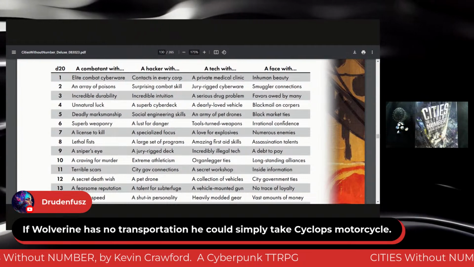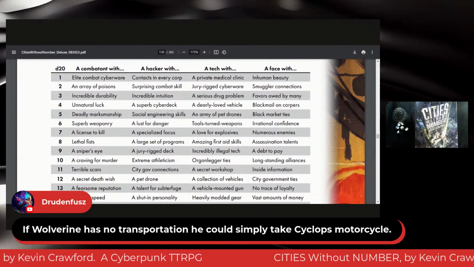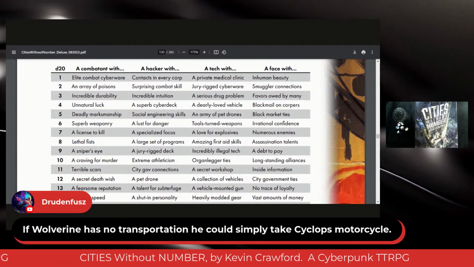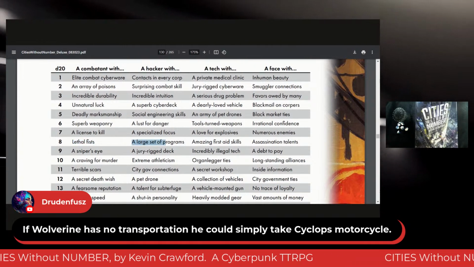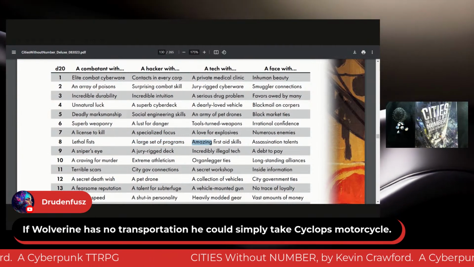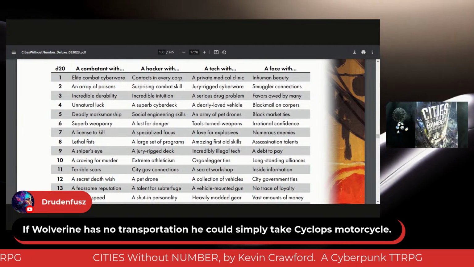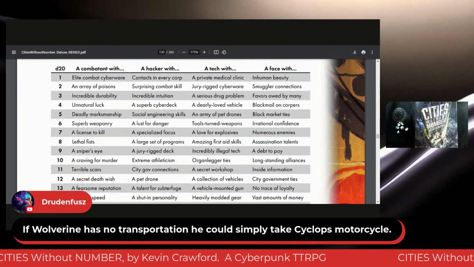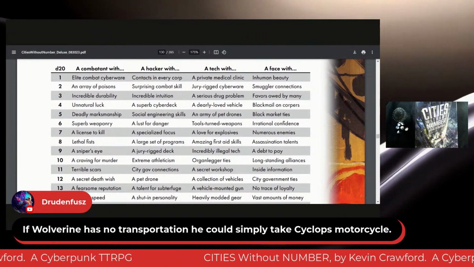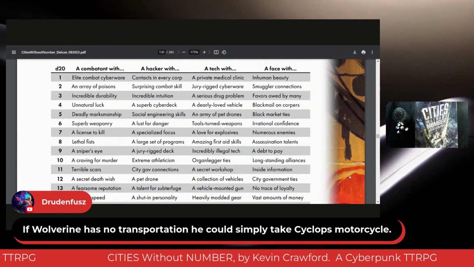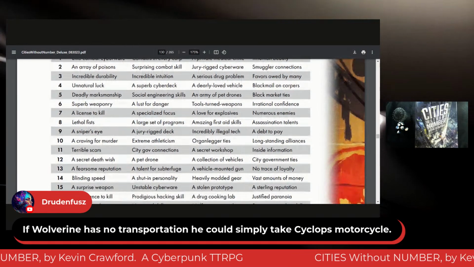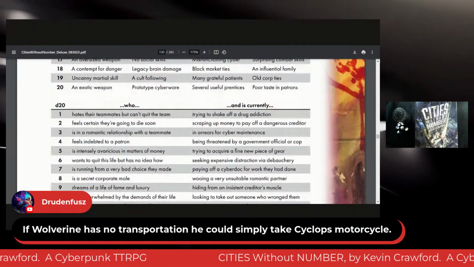Like, for example, if we go with number 8, a combatant with lethal fists, a hacker with a large set of programs, a tech with amazing first aid skills, or a face with assassination talents, right? And we all know these archetypes, right? The combatant, the hacker, the tech, the face, and those are the people that make up the NPC group that the players might be going against.